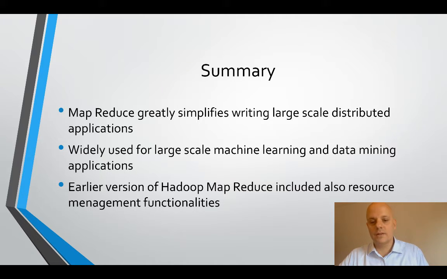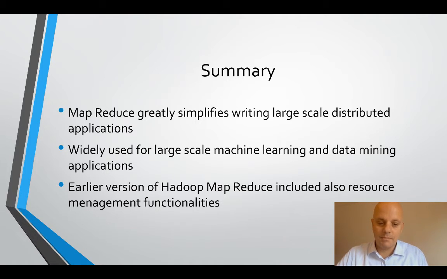What we touched on: we introduced MapReduce as a paradigm and component. It greatly simplifies writing large-scale distributed applications, very powerful. It is widely used for large-scale machine learning and data mining applications.